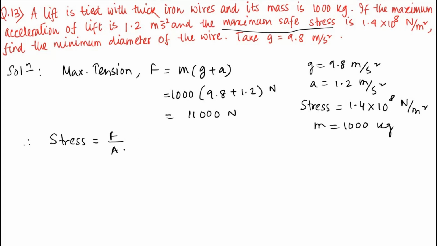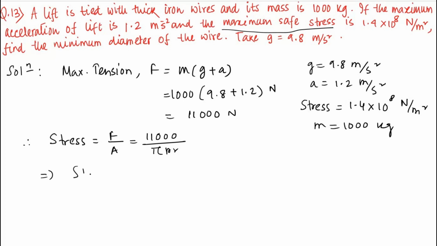Now we know that stress is equal to force upon area, right? So force is 11,000 divided by area. For area, pi r square is the cross-sectional area, and we have to calculate the diameter basically.